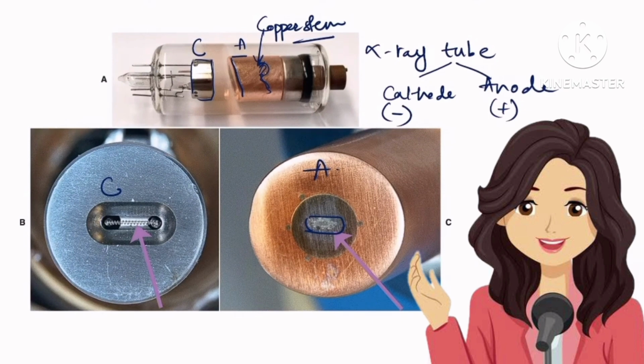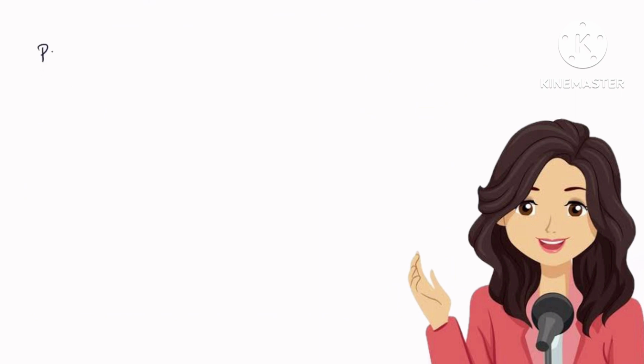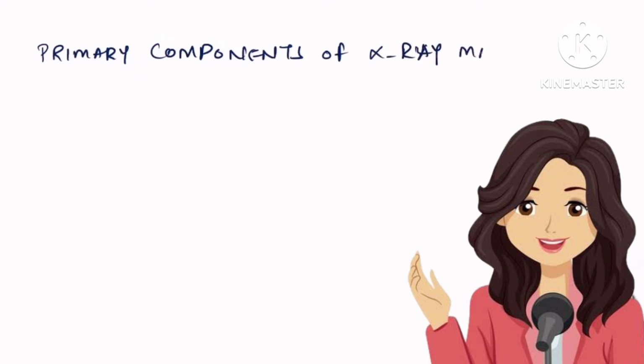The primary components of an X-ray machine will be discussed. What are the primary components of an X-ray machine? First and very important, the X-ray tube, of course.